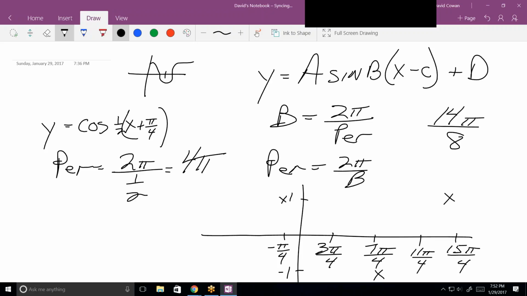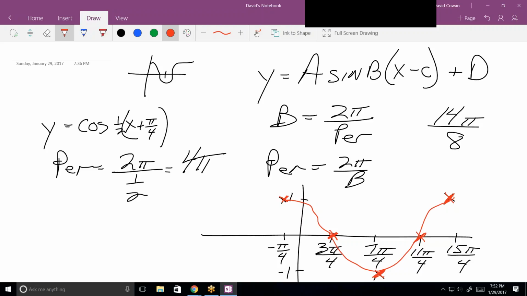Okay, so I know the curve, let me put this in red, has to start right there, has to go through the x-axis at the first quarter point, has to hit its minimum at the second quarter point, come back through the x-axis at the third quarter point, and finish at the last quarter point. And then drawing the curve is relatively easy.